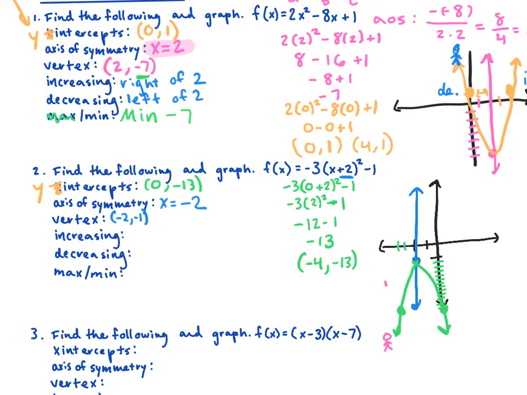So we would be increasing on this side and then decreasing on the other side. So we are increasing on the left. So left of what? -2. Awesome. Left of our axis of symmetry, so left of -2. And then we're decreasing right of -2.